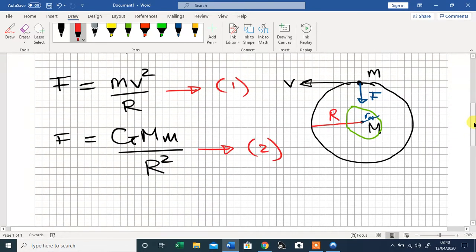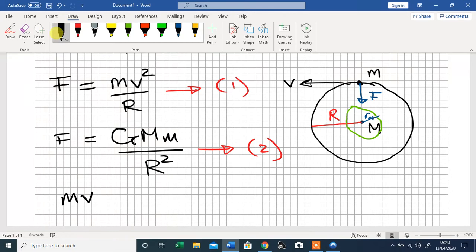So what we actually have is mv squared divided by big R equal to G big M little m over r squared.